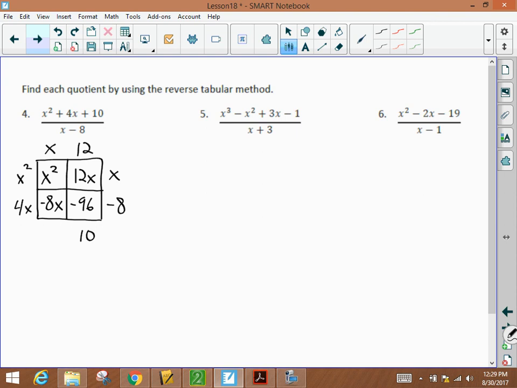Okay, well, that's weird, right? And we're still getting used to how to find a remainder with our reverse tabular method. So what I need to think to myself is, hey, what do I need to add to negative 96 to get 10?